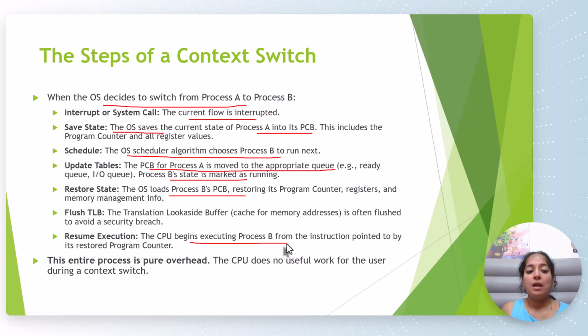Now, this whole process is totally an overhead, right? Because the more context switches you do, the more overhead for the CPU there will be. So we always try to minimize the number of context switches.